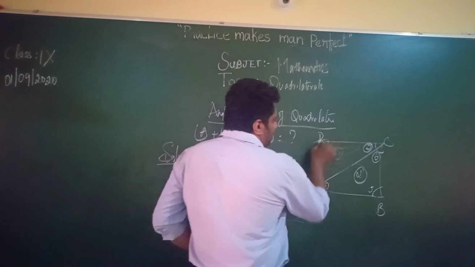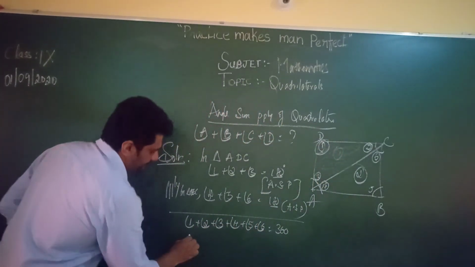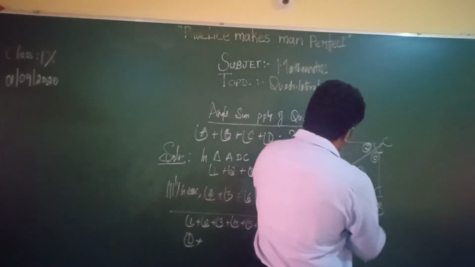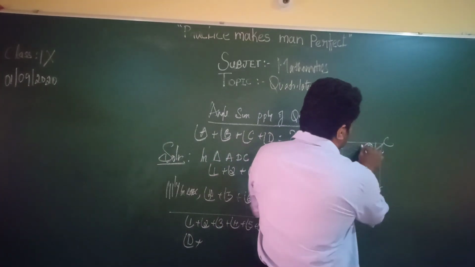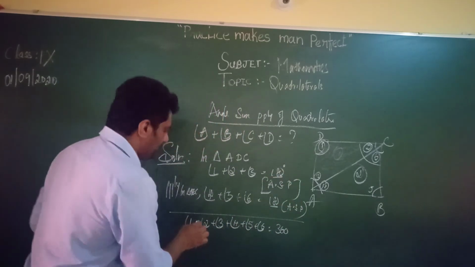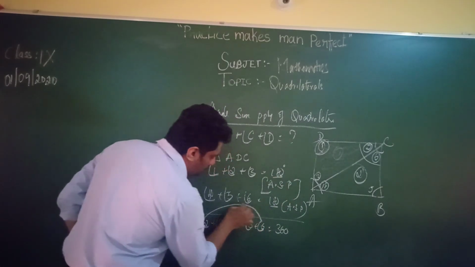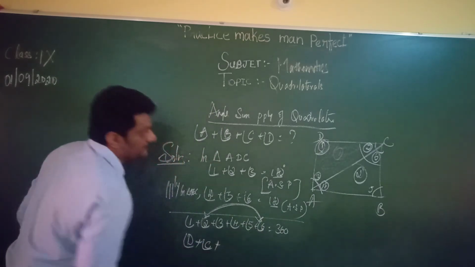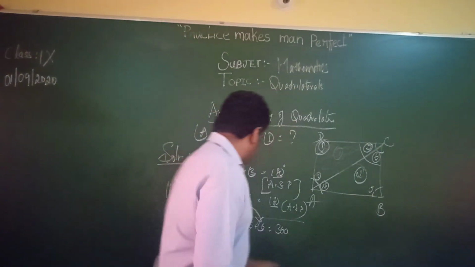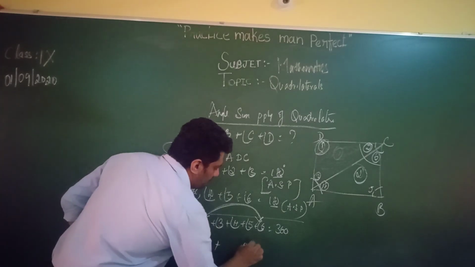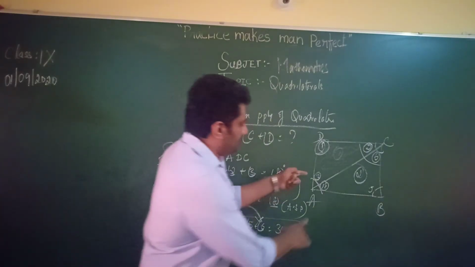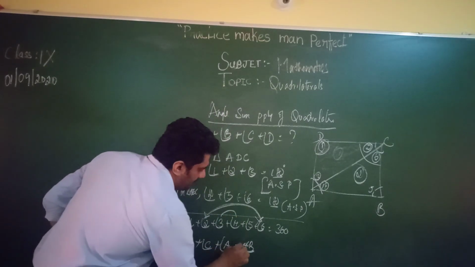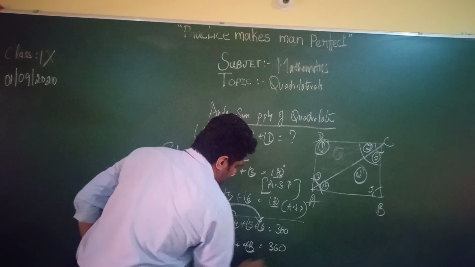Now angle 1 is nothing but angle B. Now angle 2 plus 6 is angle C. That means if I add these 2, I should get angle C. Similarly, 5 is angle B. 3 and 4 is angle B. 360.